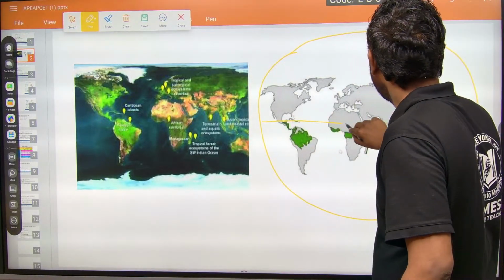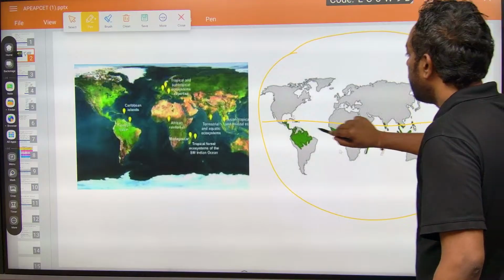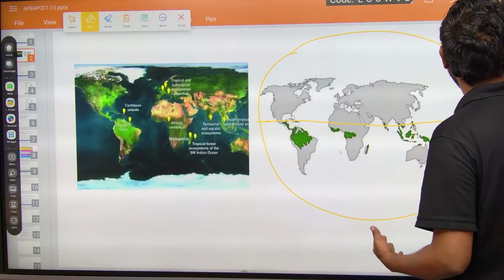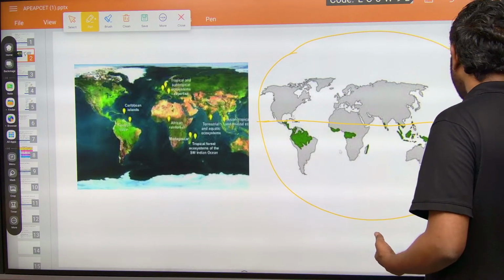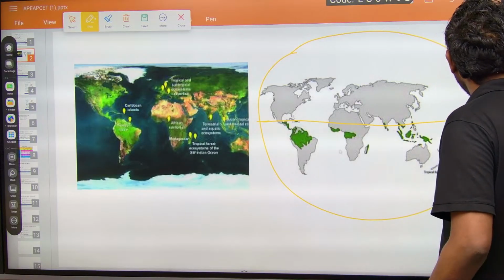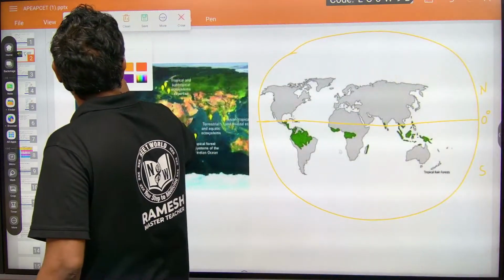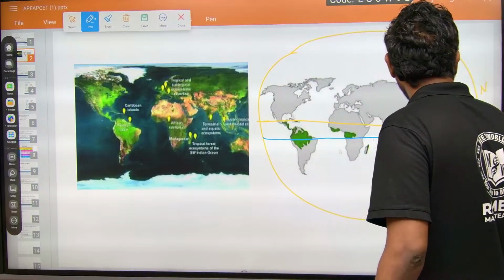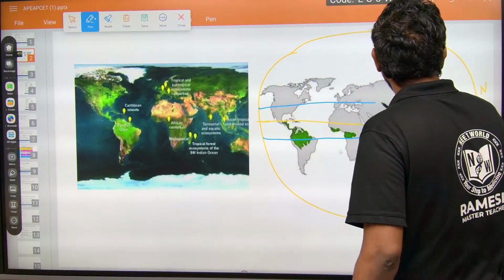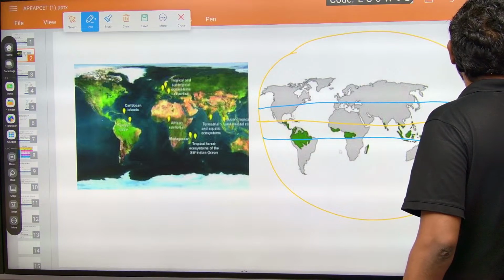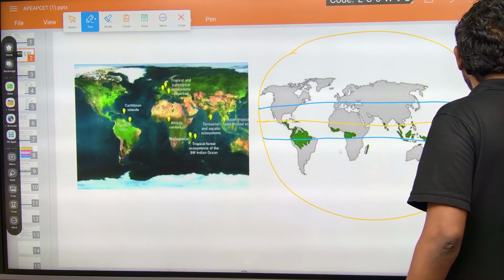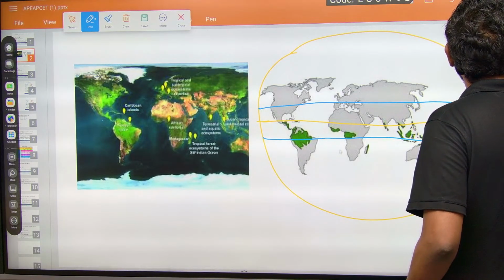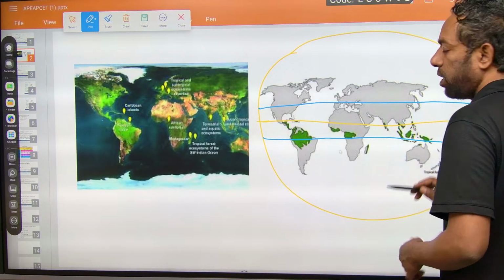The equatorial region is the latitude of 0 degrees. Above and below the equator are the north and south latitudes. Up to 15 degrees above the equator and 15 degrees south is the tropical region.